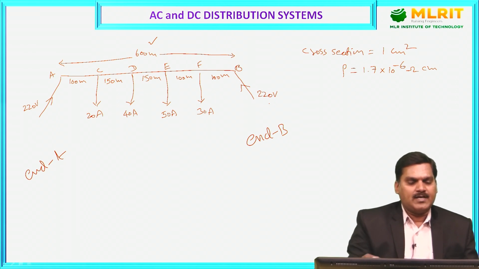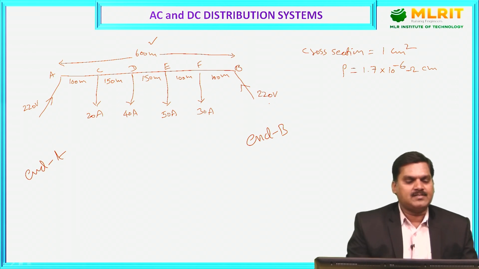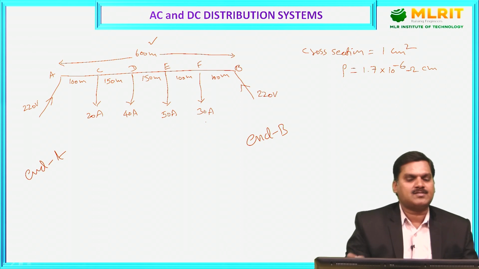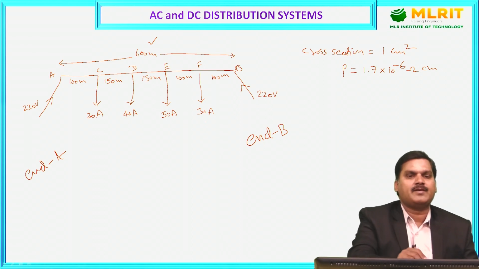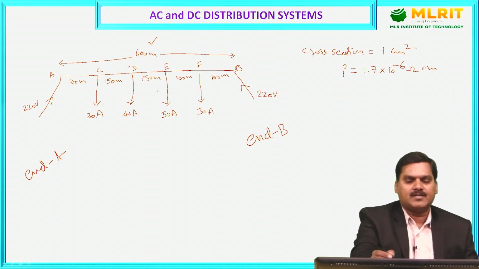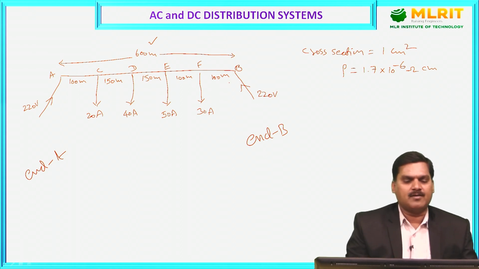At different distances, AC is 100 meters, where a tapping of 20 amperes happens, at point D 40 amperes is tapped, at point E 50 amperes, and at point F 30 amperes. AC is 100 meters, CD is 150 meters, DE is 150 meters, EF is 100 meters, and another section is 100 meters.